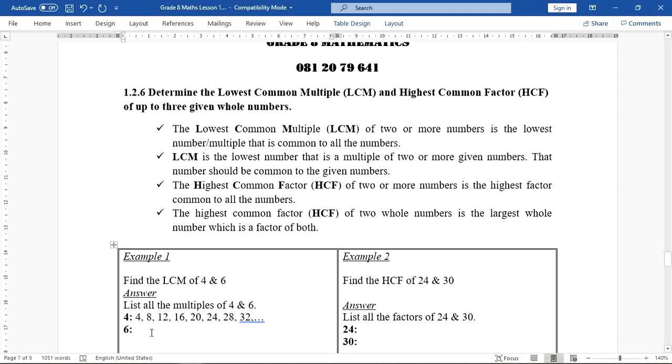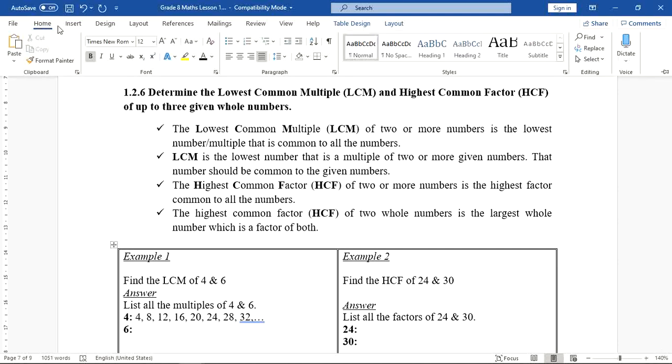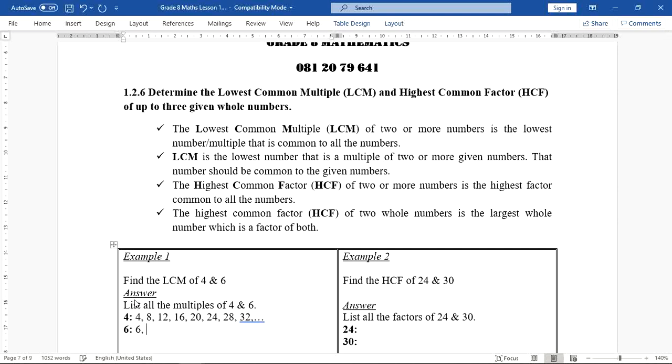Okay, let's go to 6. What are the multiples of 6? We start with 6 itself. 6 times 1 is 6, 6 times 2 is 12, 6 times 3 is 18, 6 times 4 is 24.